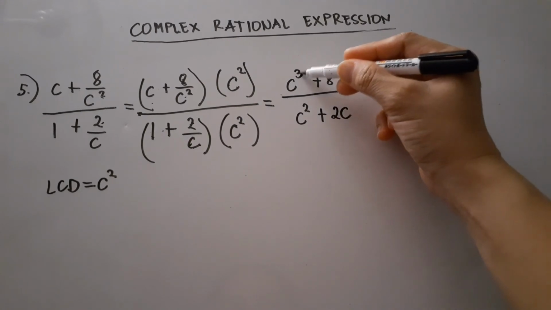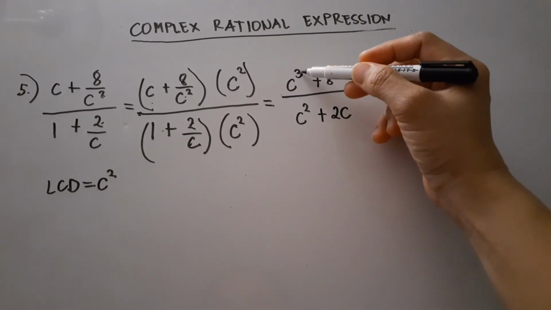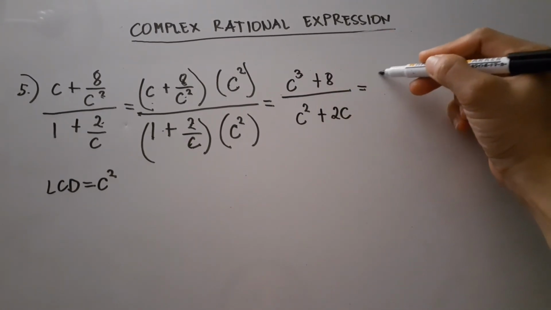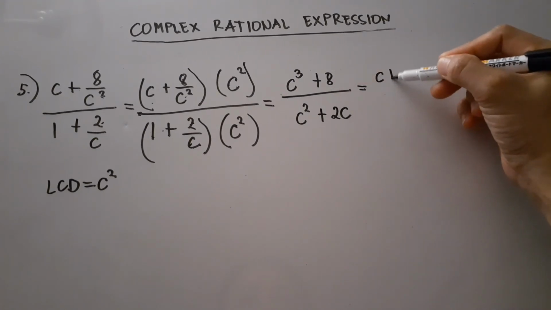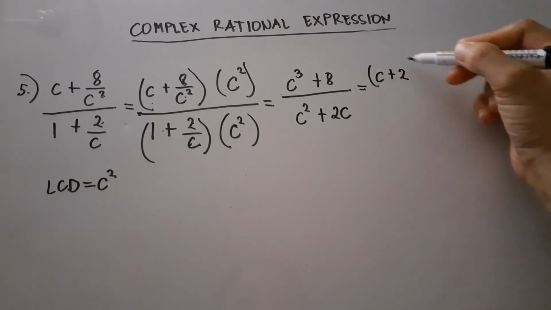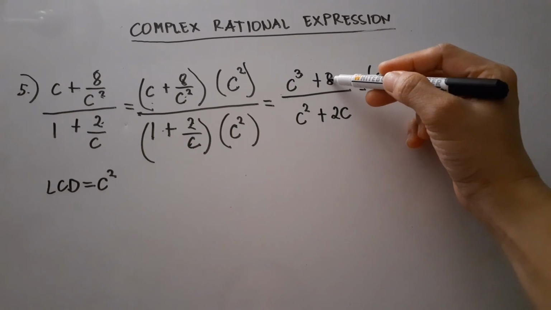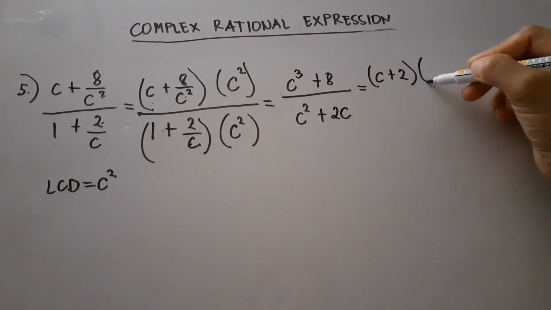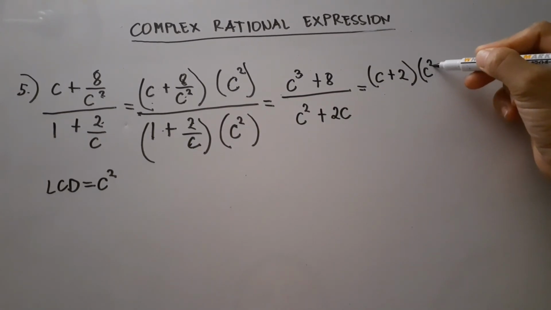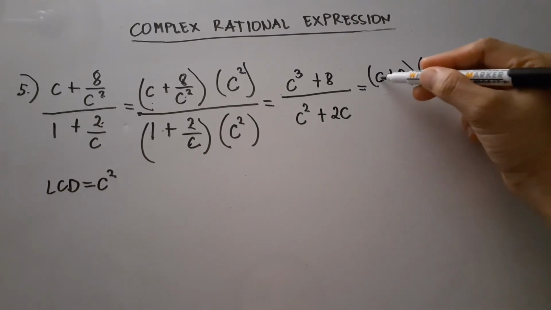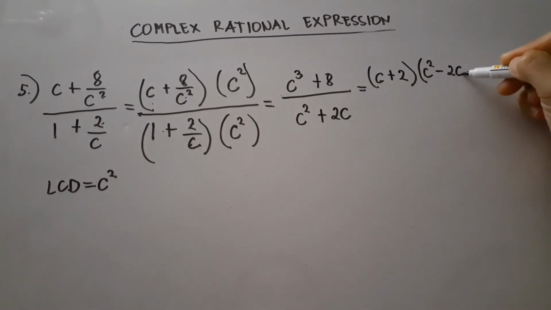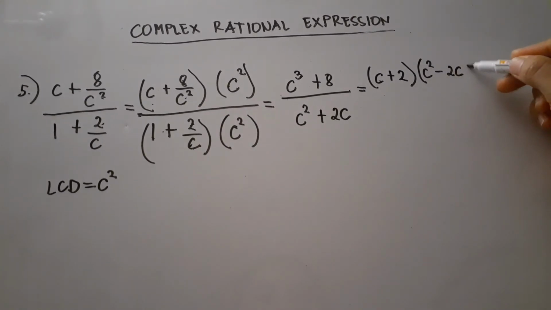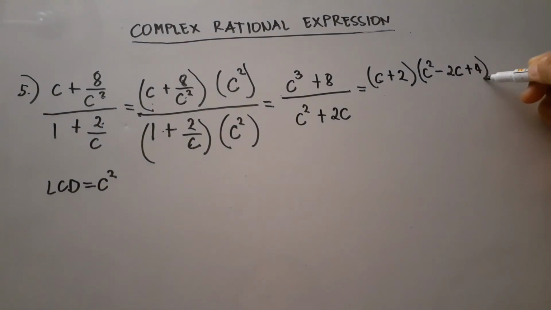And then this one we can factor by using the sum of cubes. So we have c positive 2, and then c squared negative 2c positive 4.